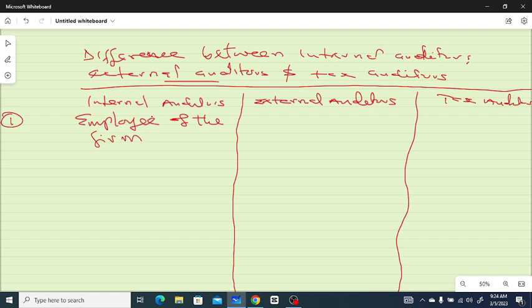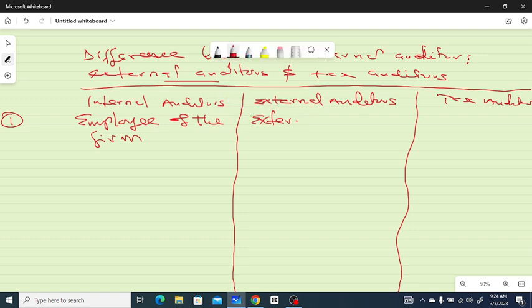Then the statutory auditor is an external body or firm, so it's not an employee of that company.